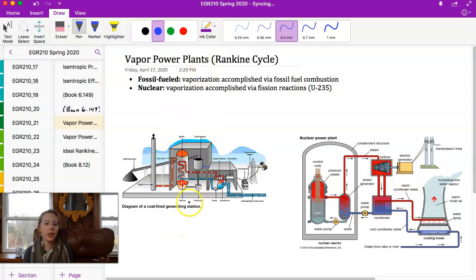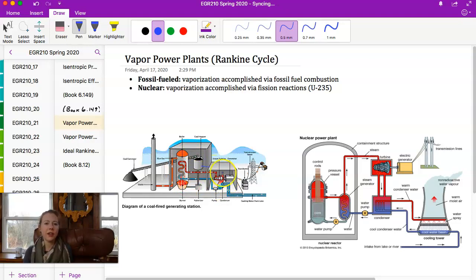And so basically you're just using different energy sources to accomplish vaporizing the fluid and turning the turbine. So often the working fluid is water. And so what you're doing is you're burning coal in a vapor power plant. And by burning coal, you're heating up water that is cycled through. And so that hot water, or the vapor, then is passed through the turbine.